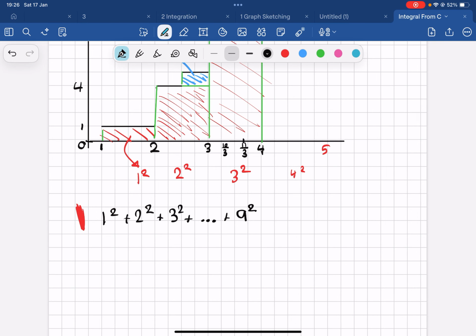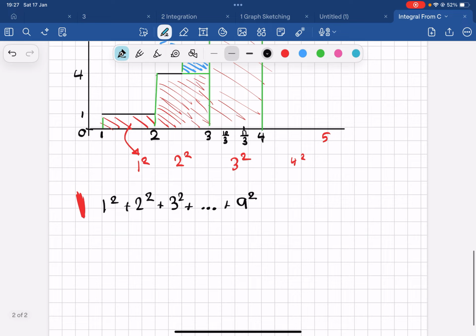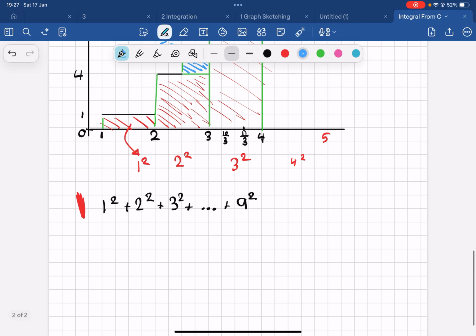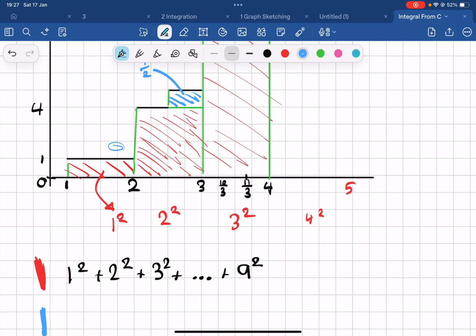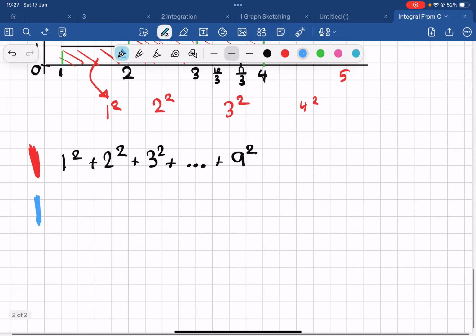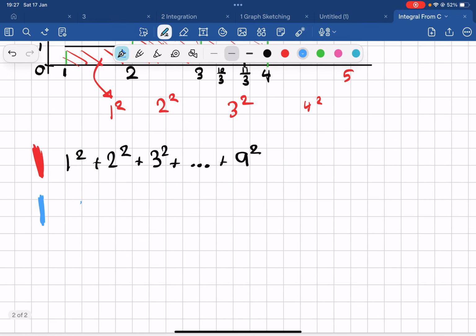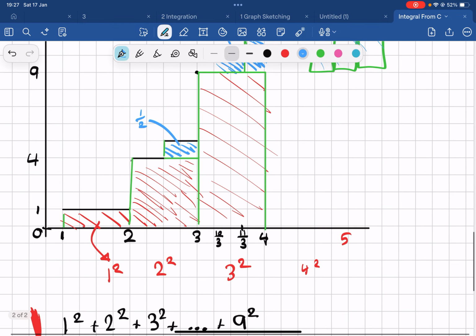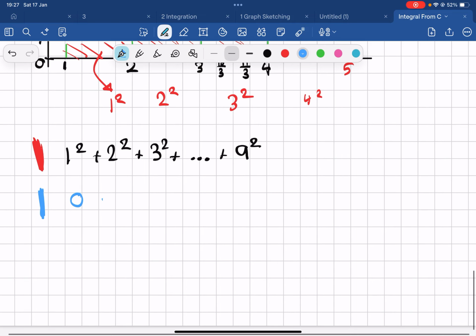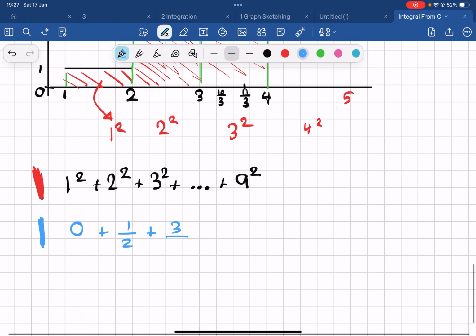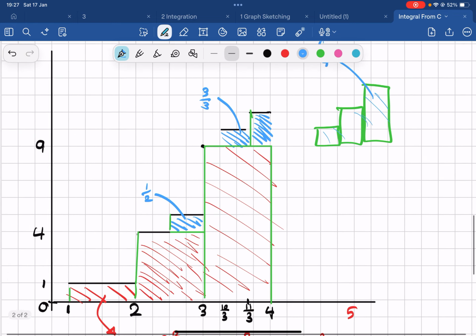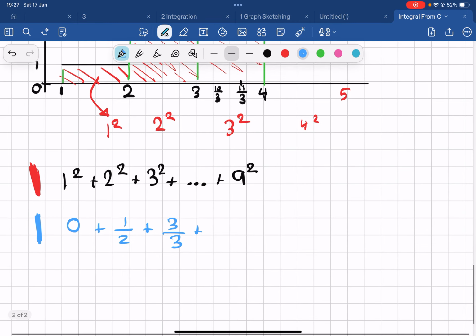Now what about our blue parts? Our first one had area 0, because we can just say that was our starting point. Our second had an area of a half. A third, area 3/3. Our fourth, 6/4.